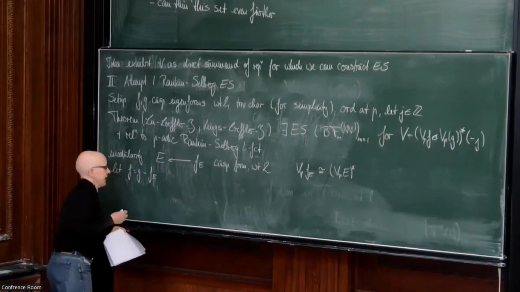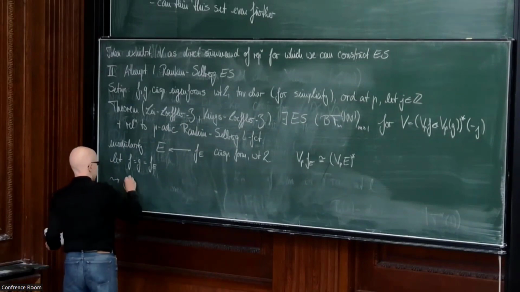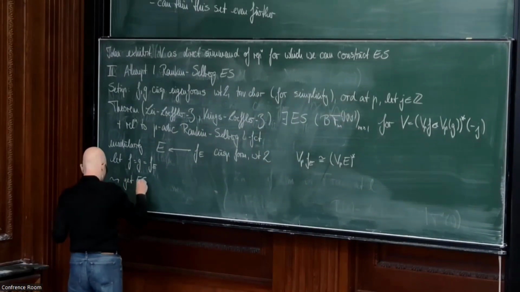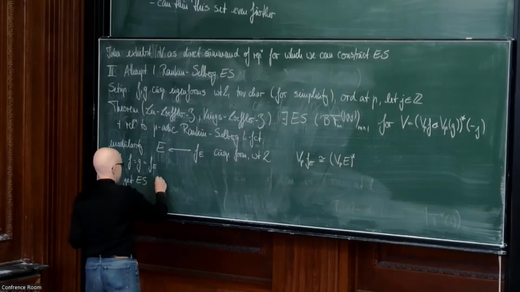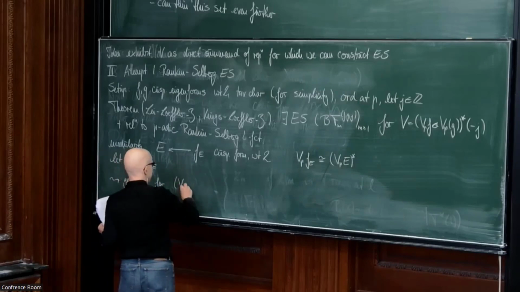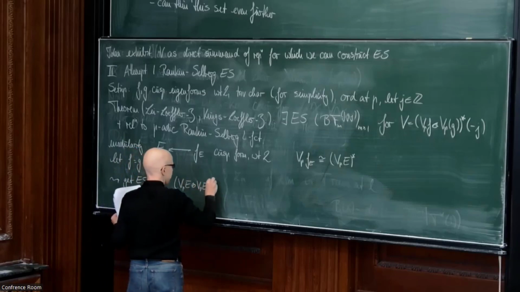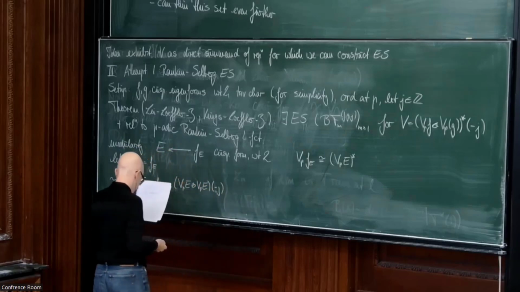So what do we get then? We get an Euler system for the following representation: V_p(E) tensor V_p(E), twisted by minus j.